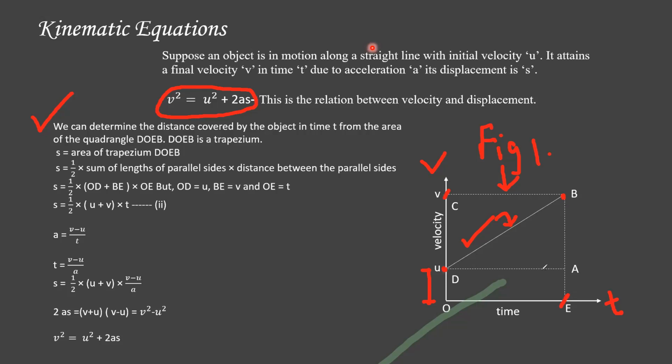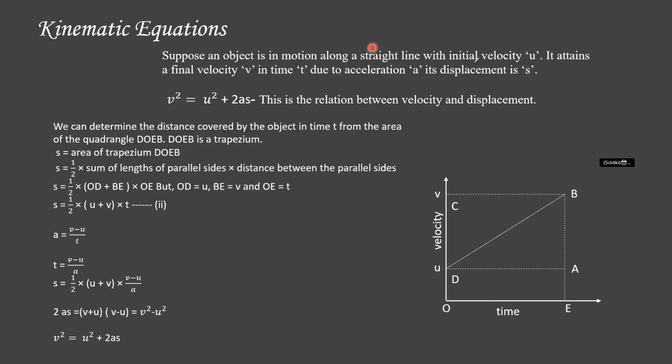So basically I have a quadrilateral over here. It is completely unnecessary, but we have to prove this using geometry. We named our points C, D, A, B, and O, A, O, E over here, and velocity is over here. So cool, let's start now.